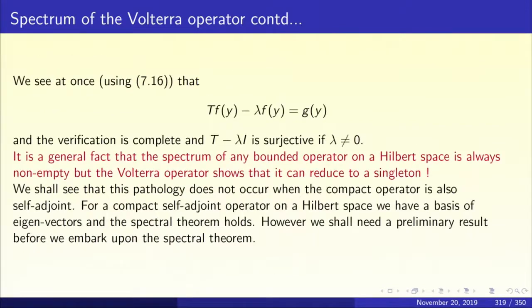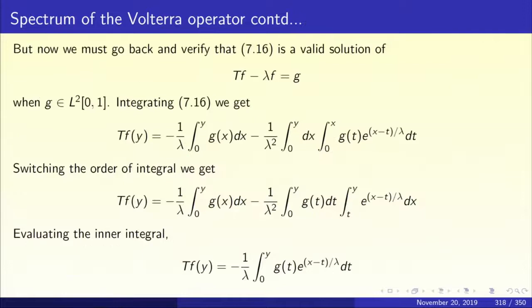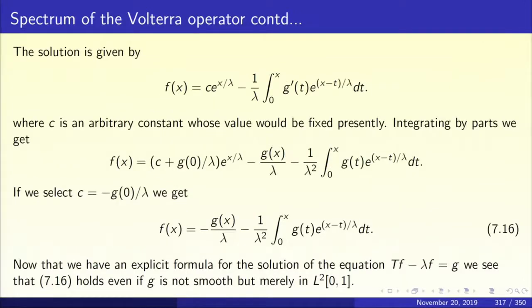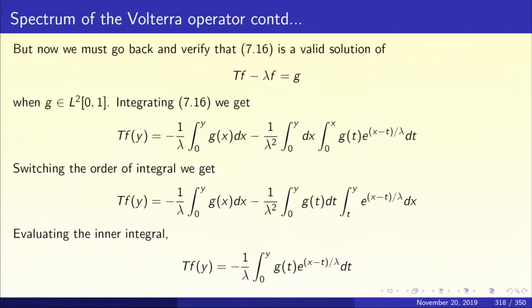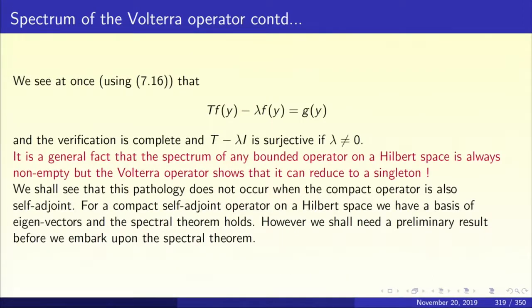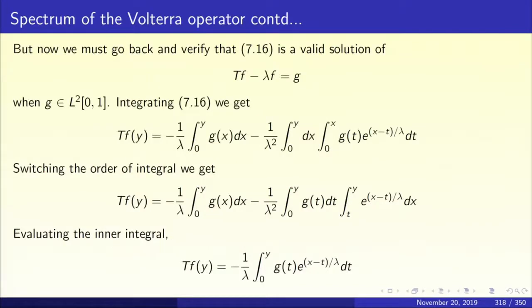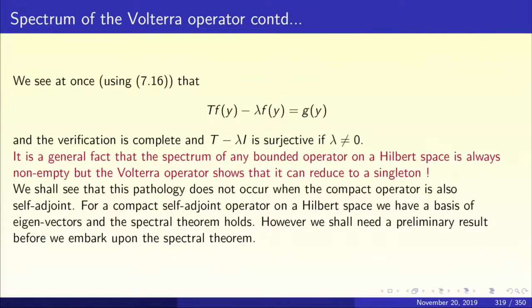Okay, so now we see at once using 7.16 that Tf of y minus lambda f of y equal to g of y. We simply get exactly this equation Tf of y minus lambda f of y equal to g of y using the last display in this slide. So we have proved that any non-zero lambda cannot be in the spectrum of the Volterra operator. This completes the verification that T minus lambda I is surjective if lambda is not equal to 0.